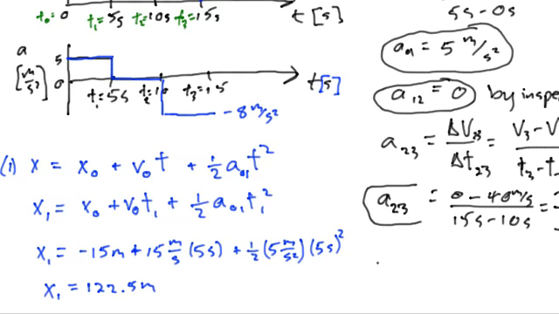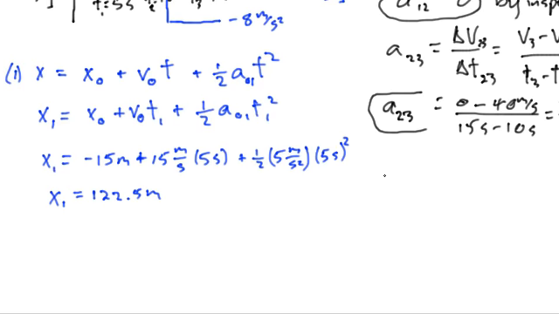And then for the second time interval, from t1 to t2, I'm going to say x is equal to wherever it was at time t1 plus v1.